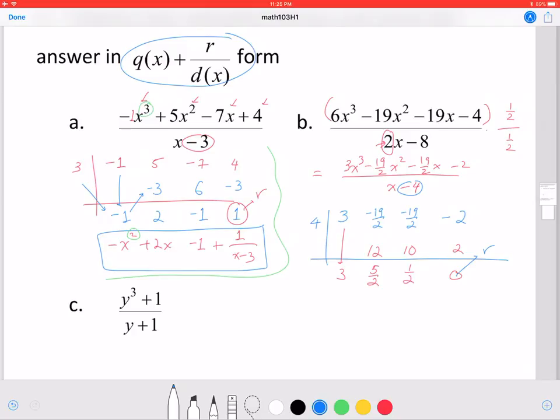These three are the coefficients of my quotient polynomial, so the answer is 3x squared plus 5 over 2 x plus half. That's my solution for problem B.